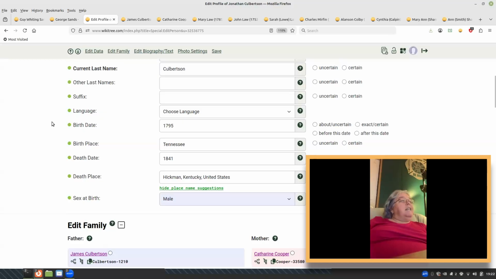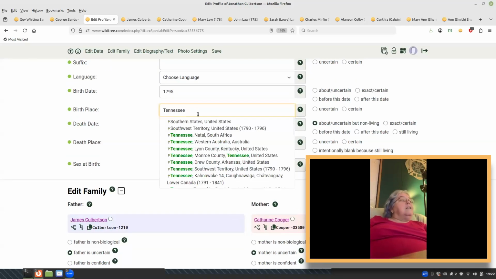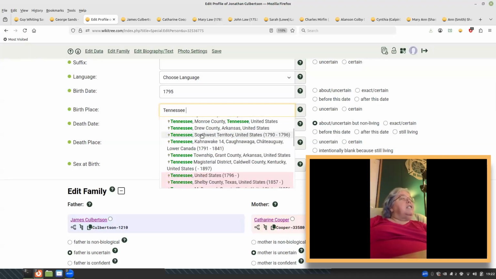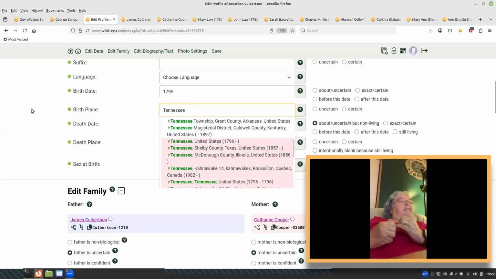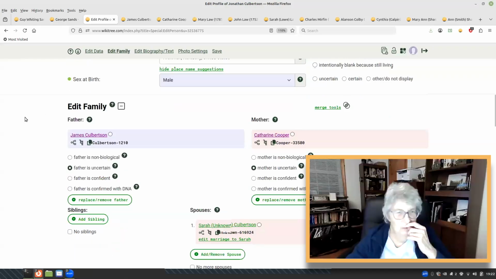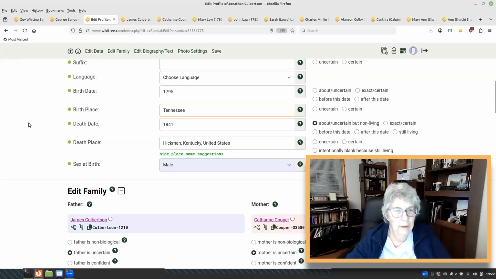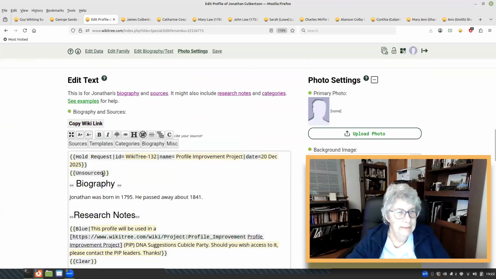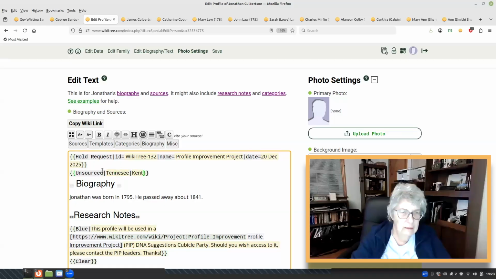When she typed it in, it showed her that Tennessee didn't become a state until 1796. So she quickly removed that. I don't want to go do the research right now. If I was just editing the profile, I would. But I can say, hey, you people can add the location in Kentucky, take a look at this guy.